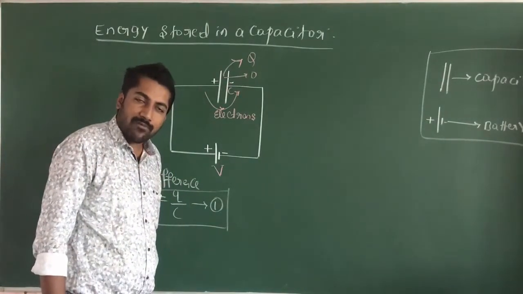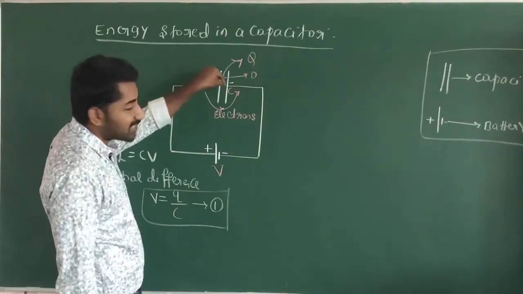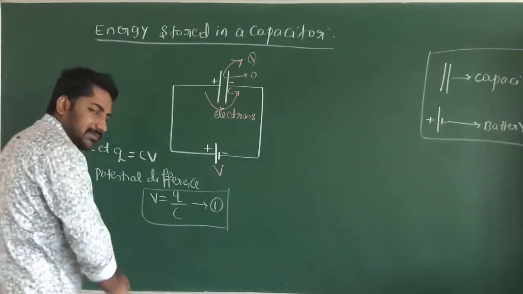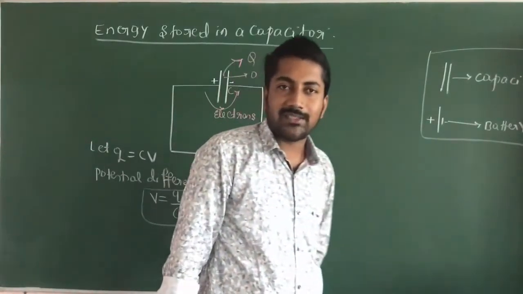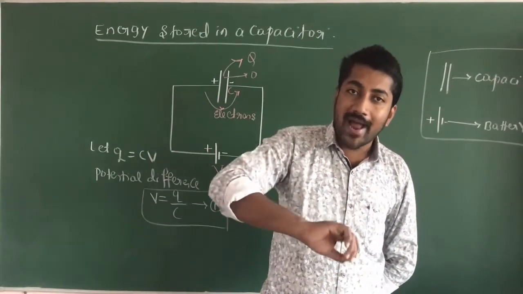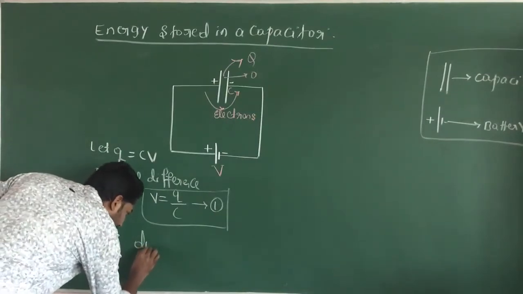The small amount of work done in transferring the charge dq from the battery to the capacitor is dw.